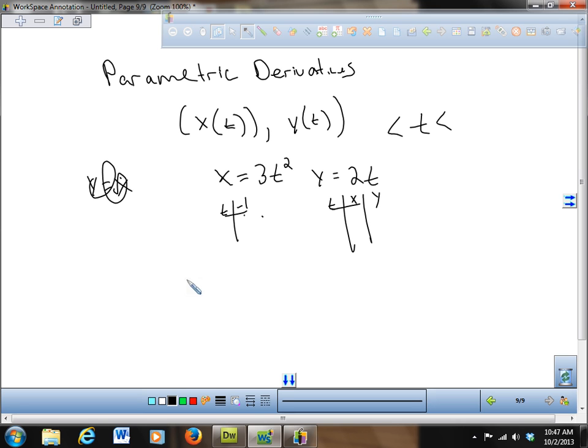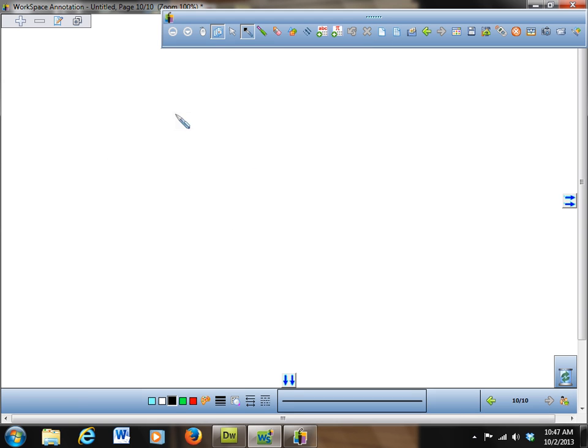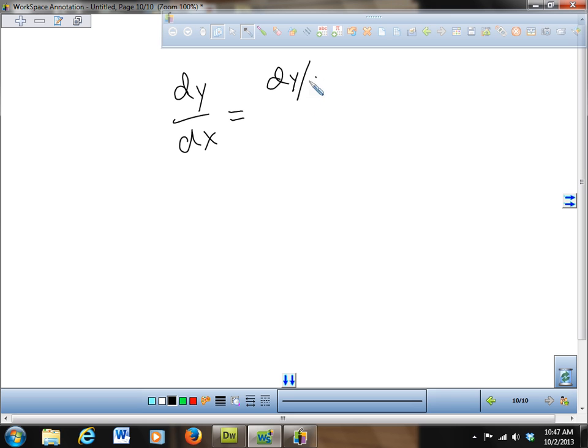Okay? With parametric derivatives, the formula that you use is dy/dx, okay, is equal to, they go through a derivation of it in the book, dy/dt over dx/dt. Okay?